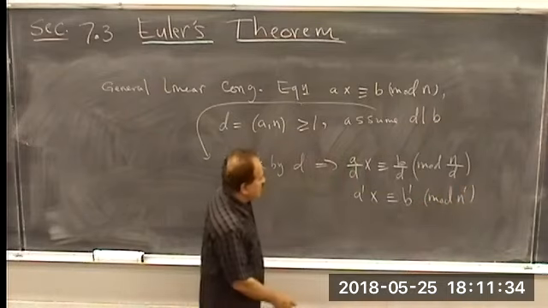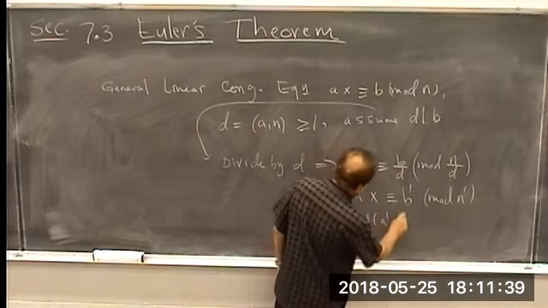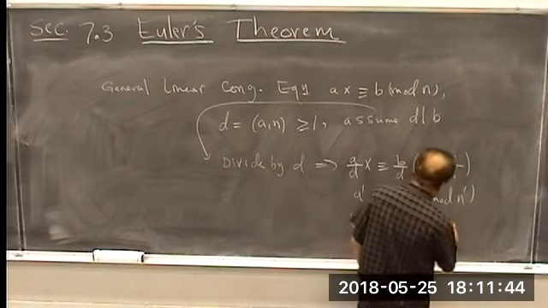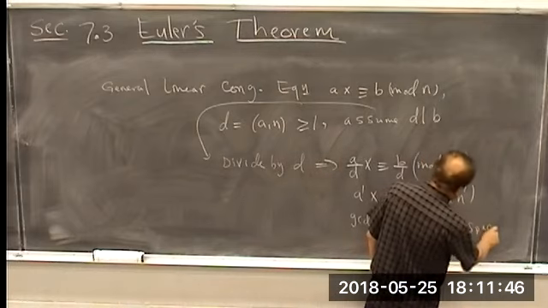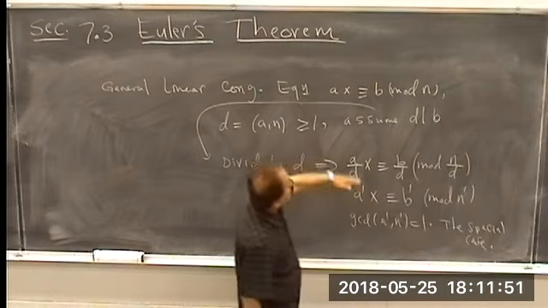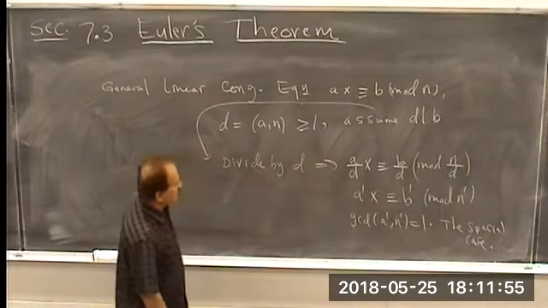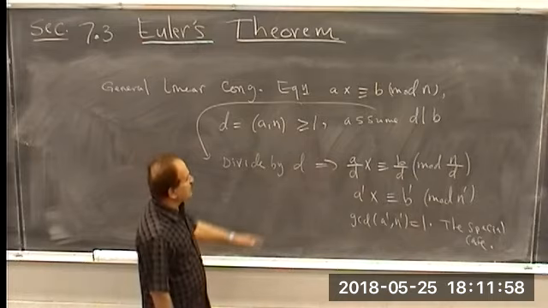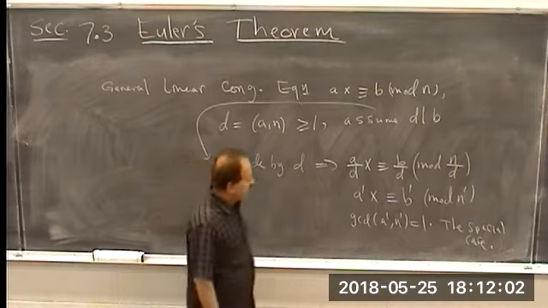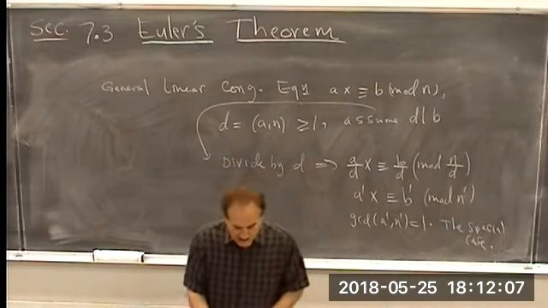So in this congruence relation, the greatest common divisor of A prime and N prime is equal to 1, and this is the special case. Now, once we solve this, then we can actually find a solution mod N by multiplying the solution by D. Okay, so in other words, we go back to the original equation, and then we can generate all the other solutions.